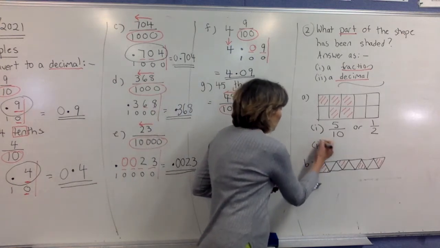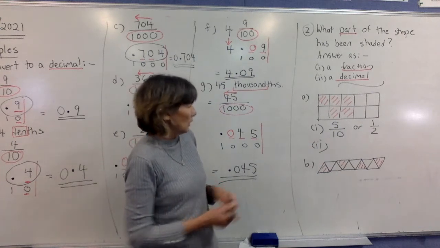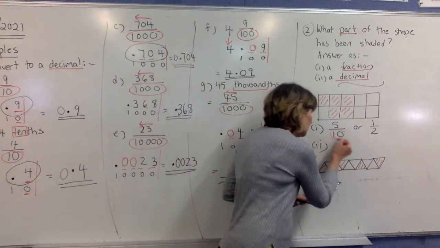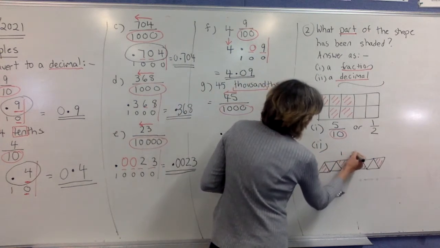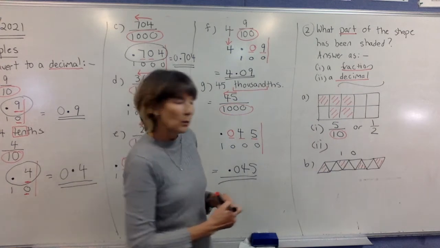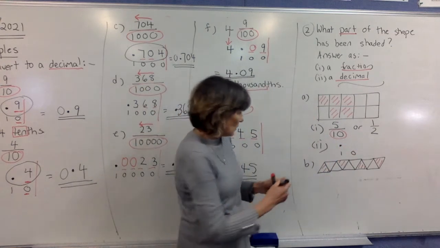All right, now, in part 2, we're going to take this to a decimal. So we're going to do what we did a minute ago. I'm going to look at that denominator, write it down, leave a bit of space above it. We're going to put a decimal point above the 1. Now let's look at what we're filling in.